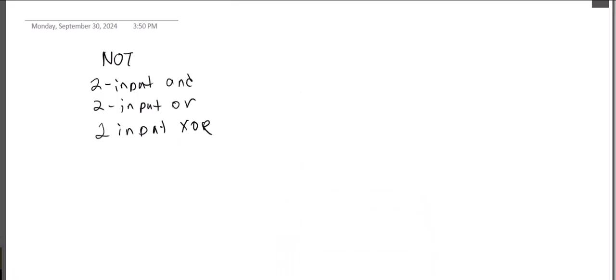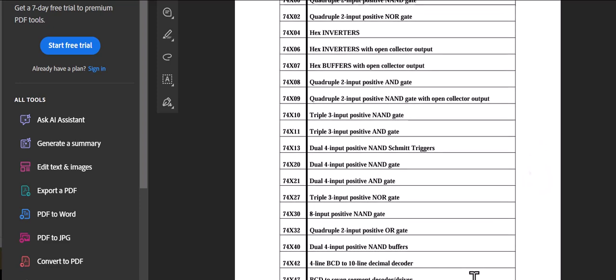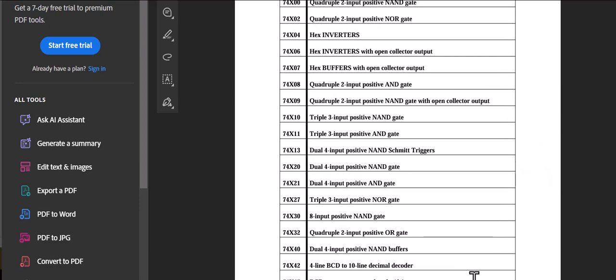So 74X04 is the NOT, and the 2 input AND is the quadruple 2 input positive AND gate, 74X08.